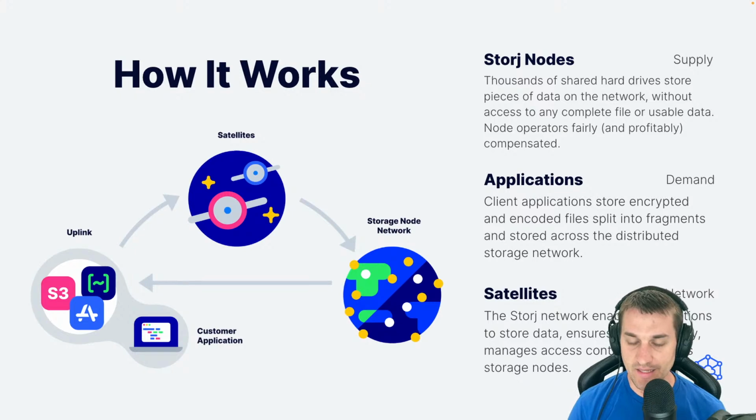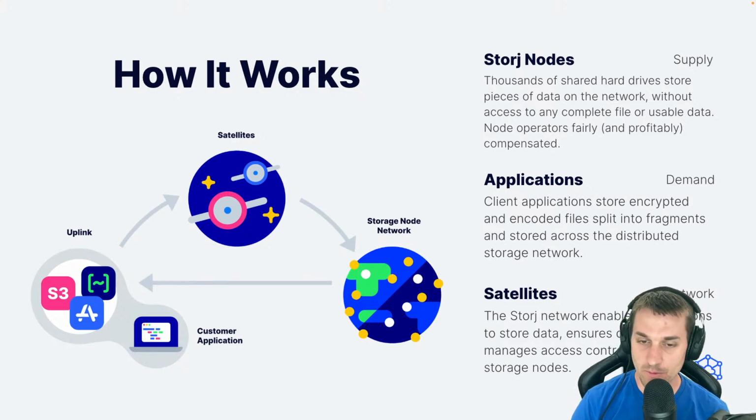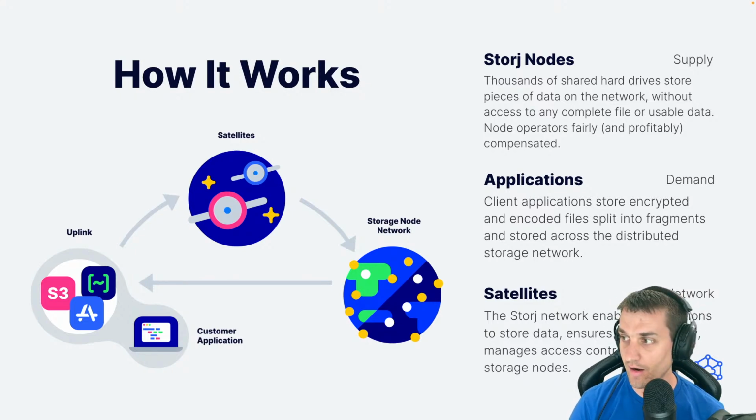And then at the application layer, the developers, maybe watching this stream, can use our Web 2 bridge, the AWS CLI, or the uplink, the Web 3 native storage, to store those files and play videos on their website. And then we have this satellite layer that provides a user-friendly interface to the objects that you store and also handles some of the logistics of the storage network.